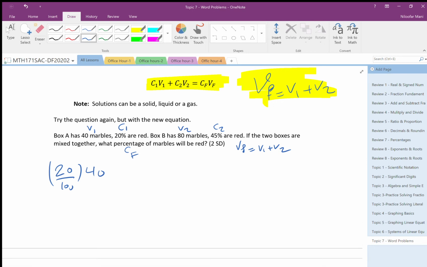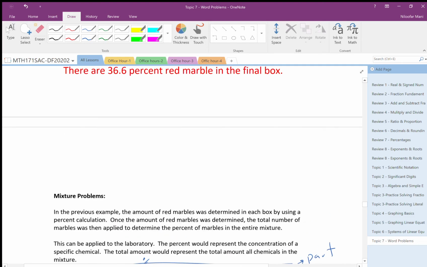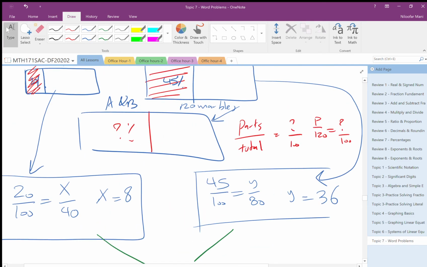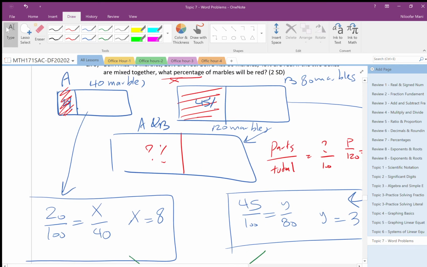But I could do it when I just saw the question, the previous one. When I visualize it, I know what's going on in the first box: I have the percentage, I have the total, I'm looking for the part. The second, box B, is the same: I have the percentage, I have the total, I'm looking for the part.